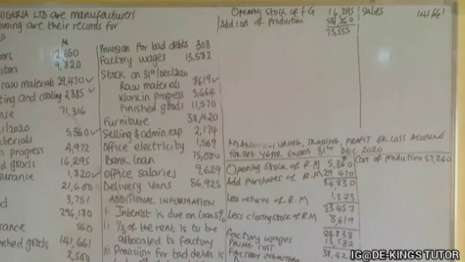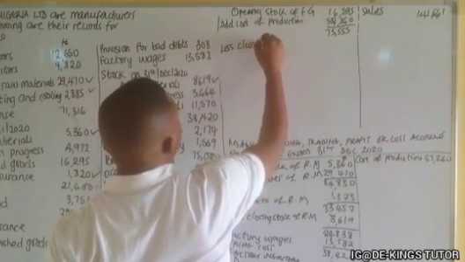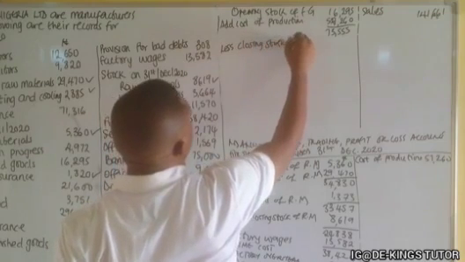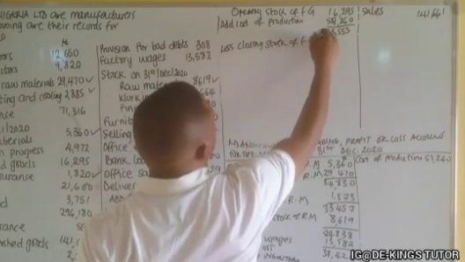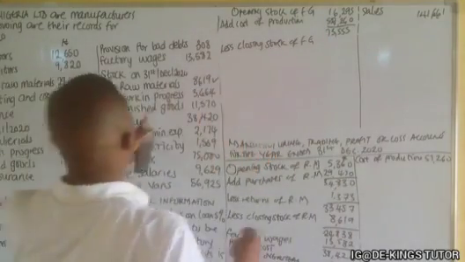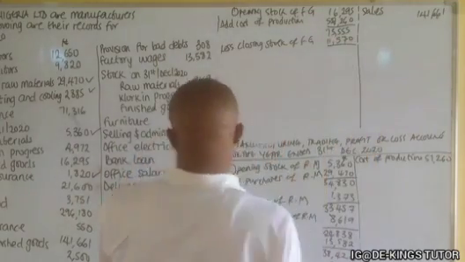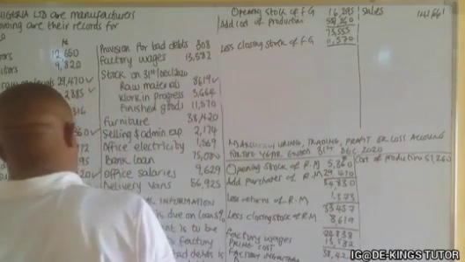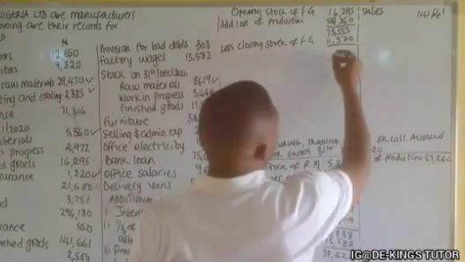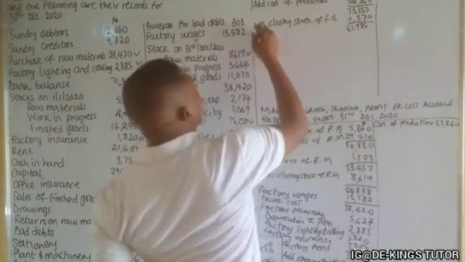So since there are no other items, I'll just less closing stock of finished goods, which is 11,570. This minus 11,570. We have 61,985. So this is our cost of goods sold.